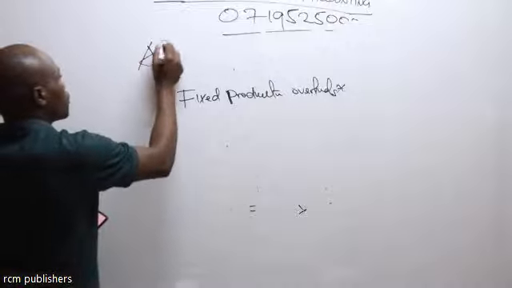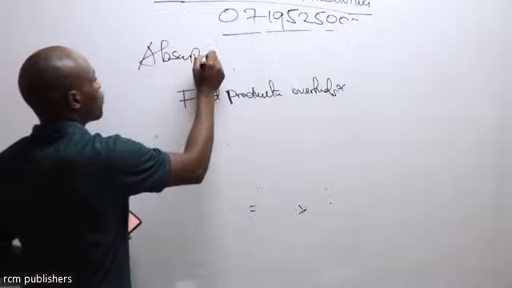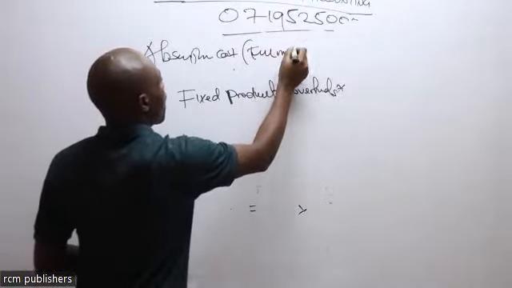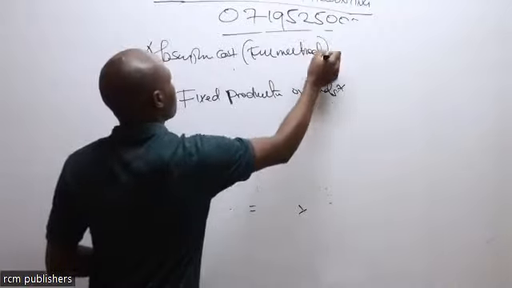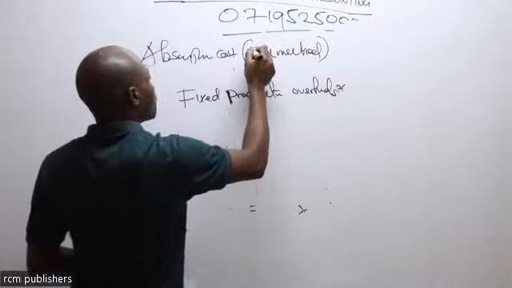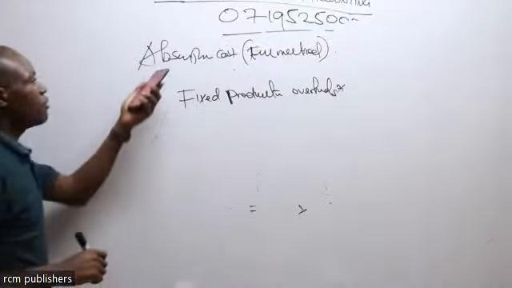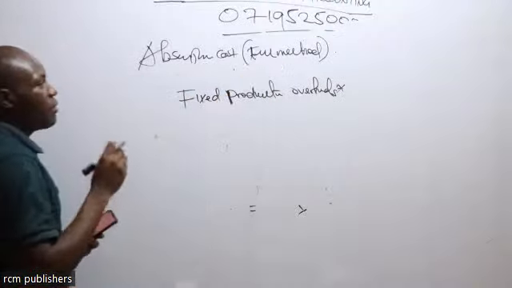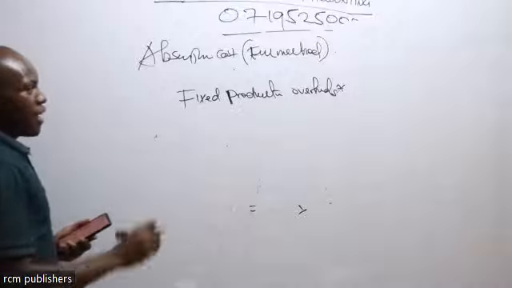So absorption costing, stroke full costing method. I want us to take note of these other names that I'm giving you, because in exams, the examiner may not be using the one you are used to. They bring in the other one. So you will find that I'm very keen on giving you the other names.